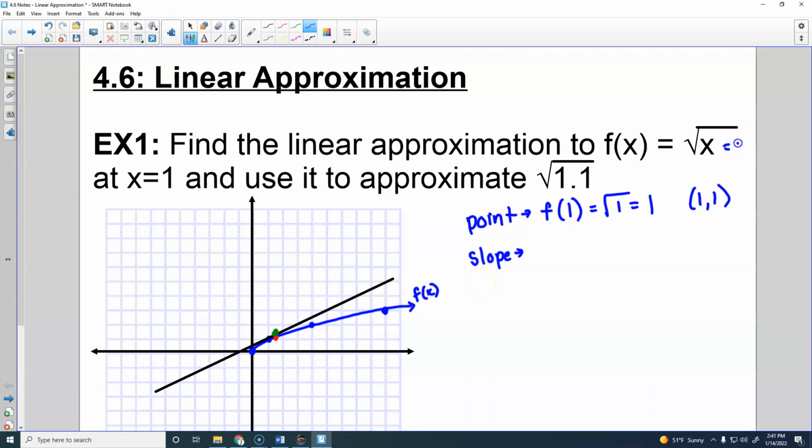So this is, of course, x to the 1/2 power. So f prime of x is going to be 1/2 x to the negative 1/2. And I'm going to make that 1 over 2 root x there.